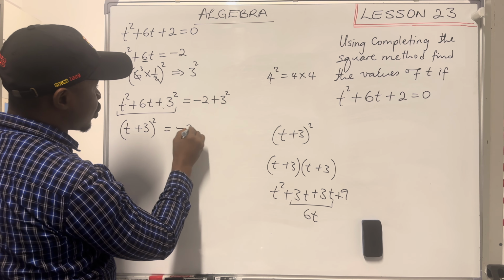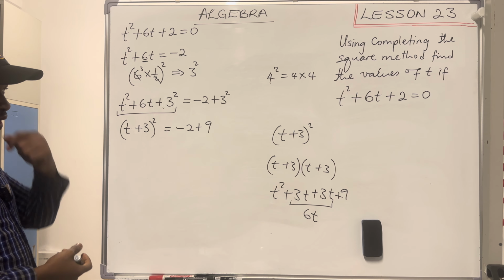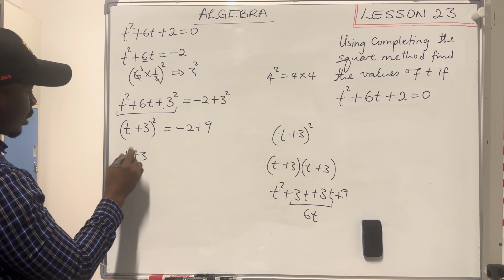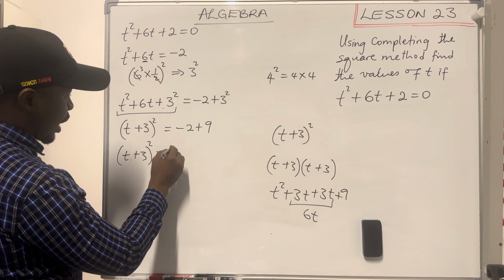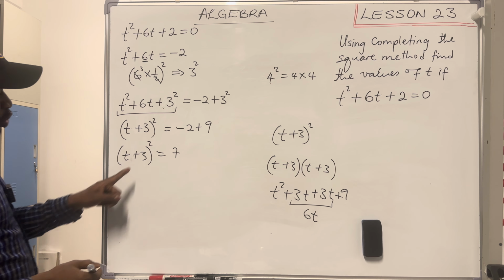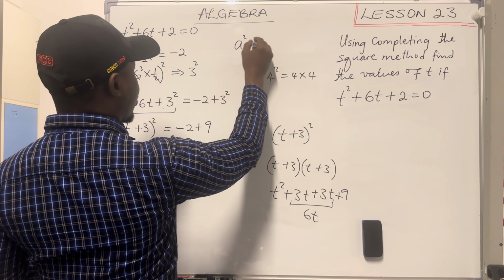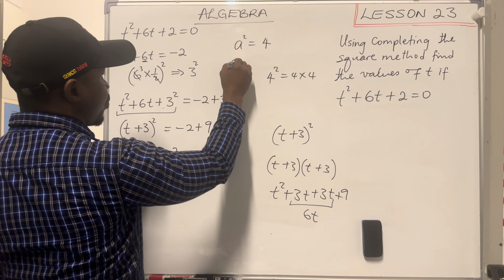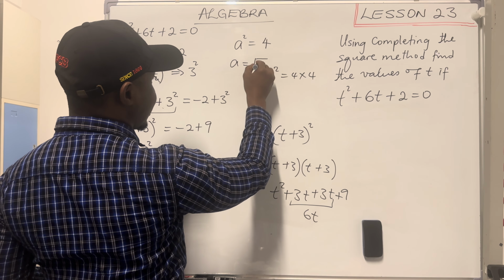So we continue. Here is minus 2. What is 3 squared? It is 9. Okay. So we say t plus 3 squared is equal to minus 2 plus 9, which is 7. So now we can consider what we usually do when we say a squared is equal to 4. We ignore this square, then we take the square root of the other side.